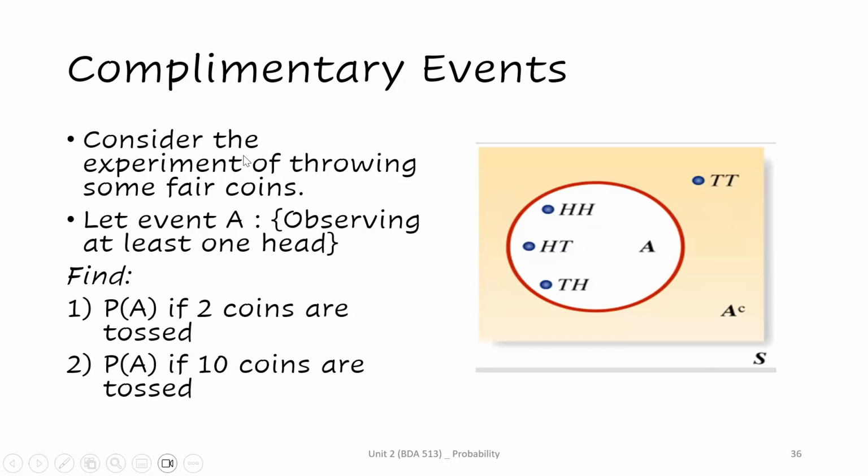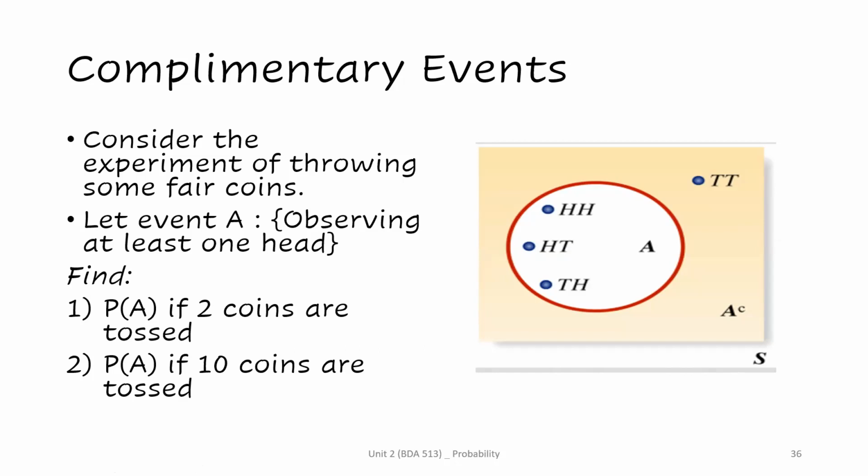So consider the experiment of tossing some fair coins. Let event A be observing at least 1 head. So we are tossing 2 coins, and the event A is observing at least 1 head. That means in A, when we toss 2 coins, we can have head, head. Yes.